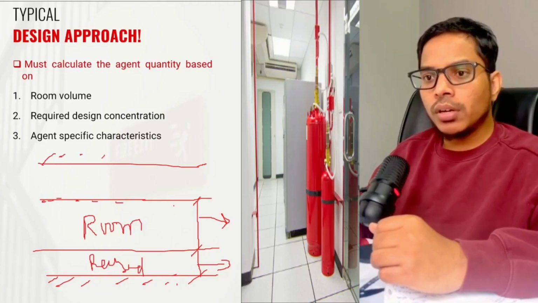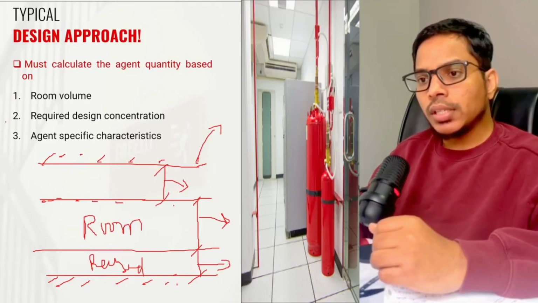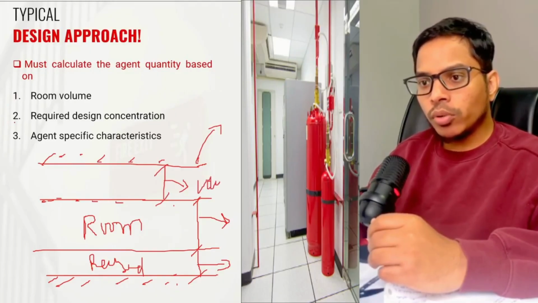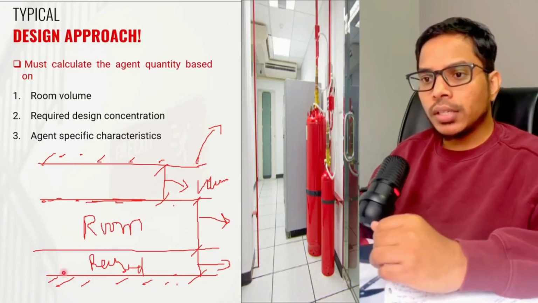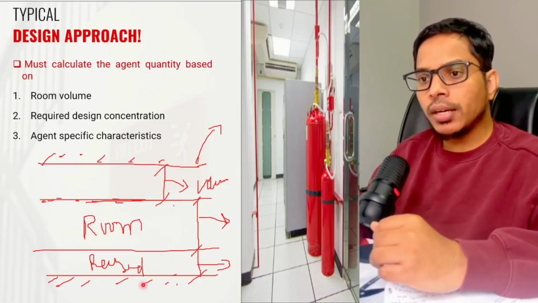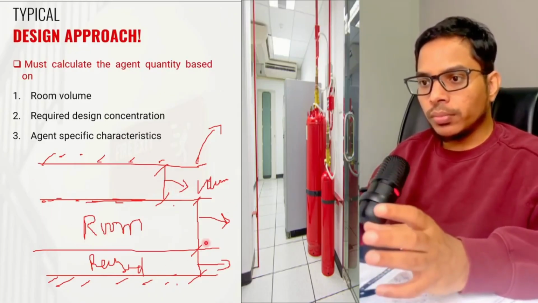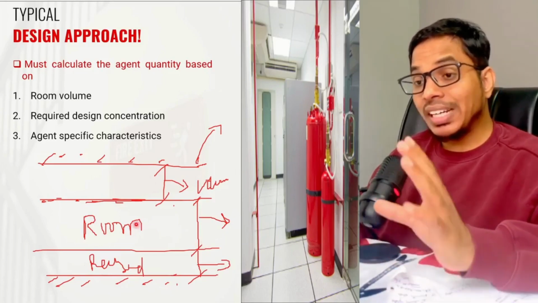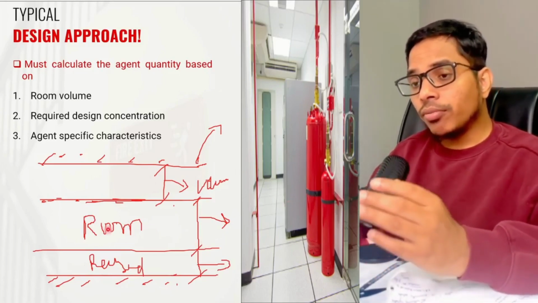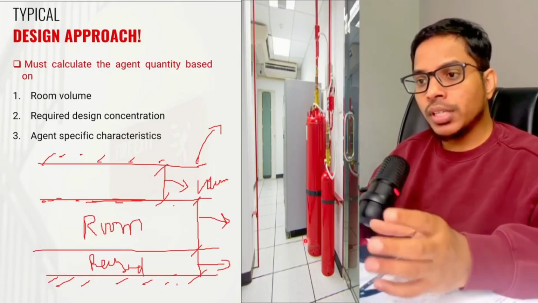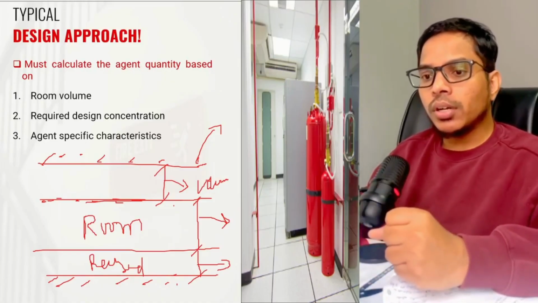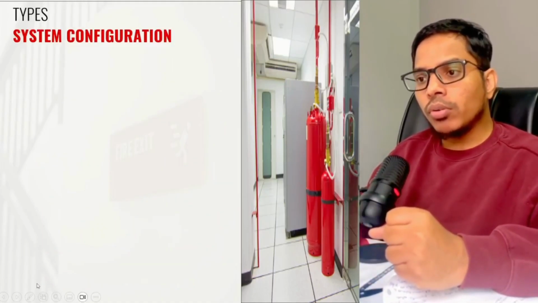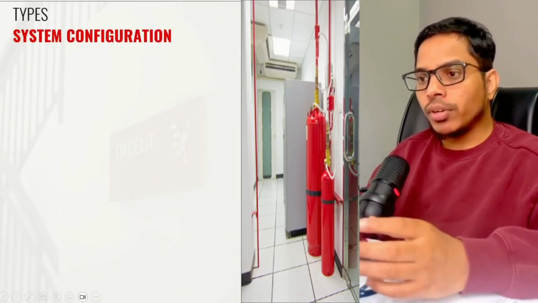So this will be the slab. This area is considered as the volume above the suspended ceiling. So whenever we design the clean agent, we need to consider the entire volume of this particular room. I hope you understand this particular concept. In detail, we will discuss in future classes when we discuss various types of clean agent systems according to NFPA 2001 requirements.